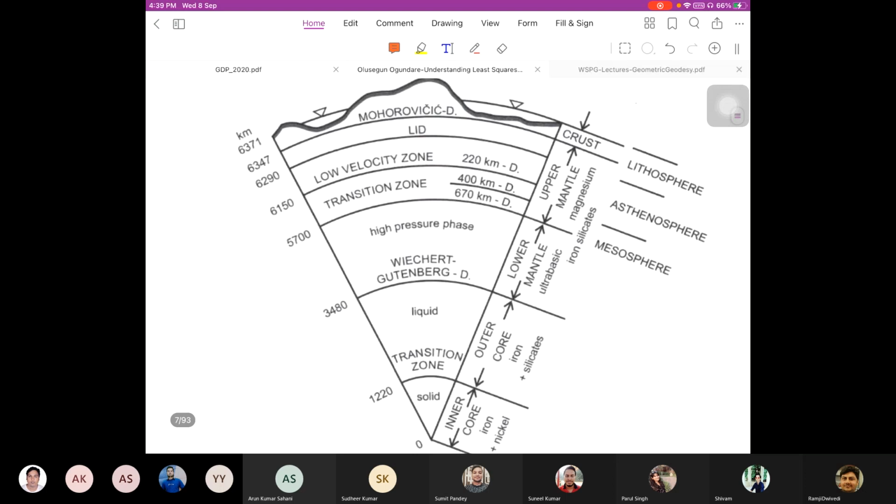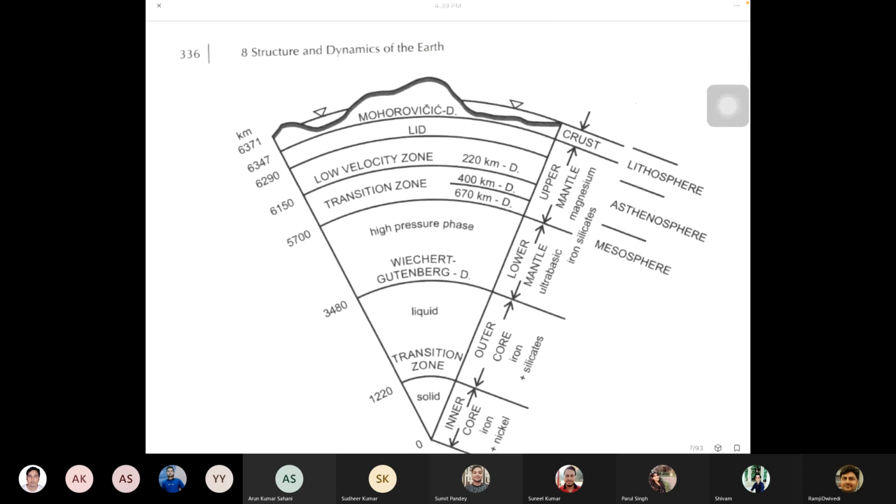Part of the upper mantle and the crust is the lithosphere, and then you have the asthenosphere and then the mesosphere. This is a general characterization most of you have seen in geography somewhere. The crust is situated over a liquid belt. This is the liquid zone, and that's why when your crust moves, it creates earthquakes.